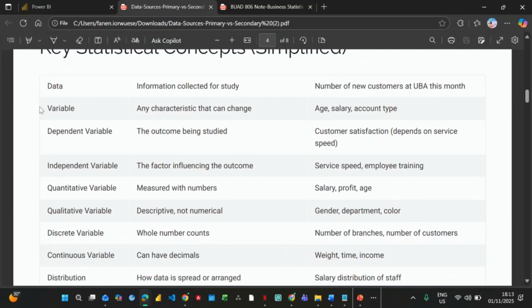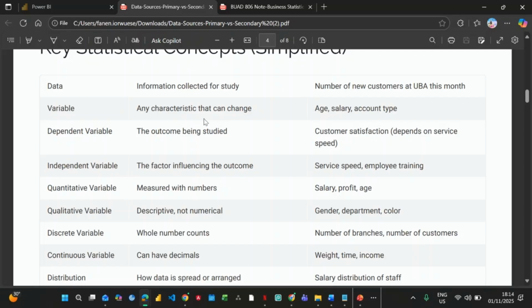Variables are any characteristic that can change. Variables are just like a container. I can have a container where I keep mango inside. I can decide to take the mango from the container, and the container still remains the same. So that is actually a variable. Variables are just any characteristic that can change.